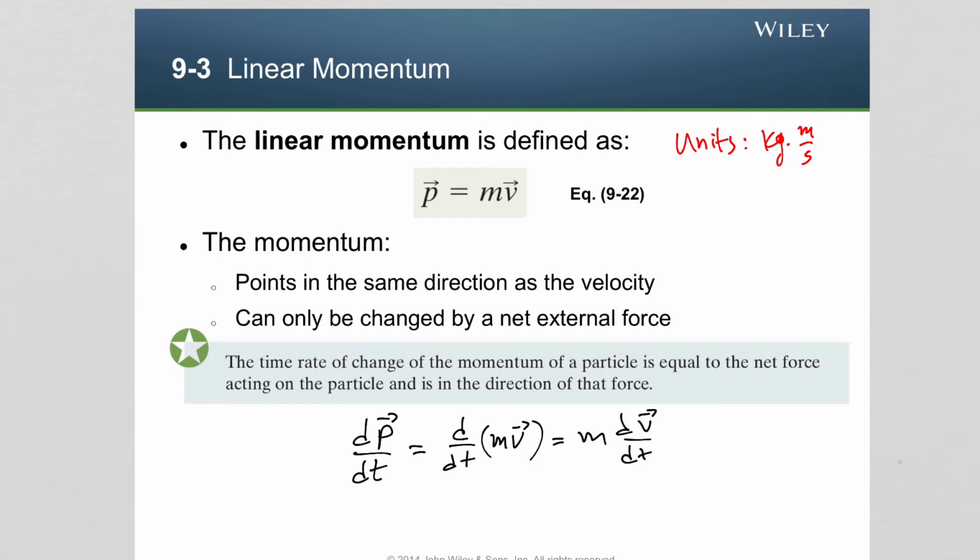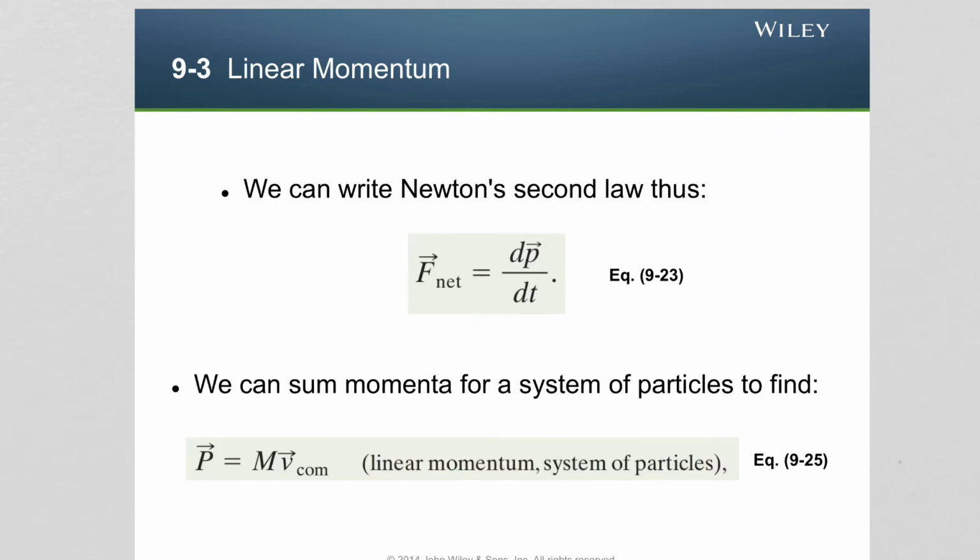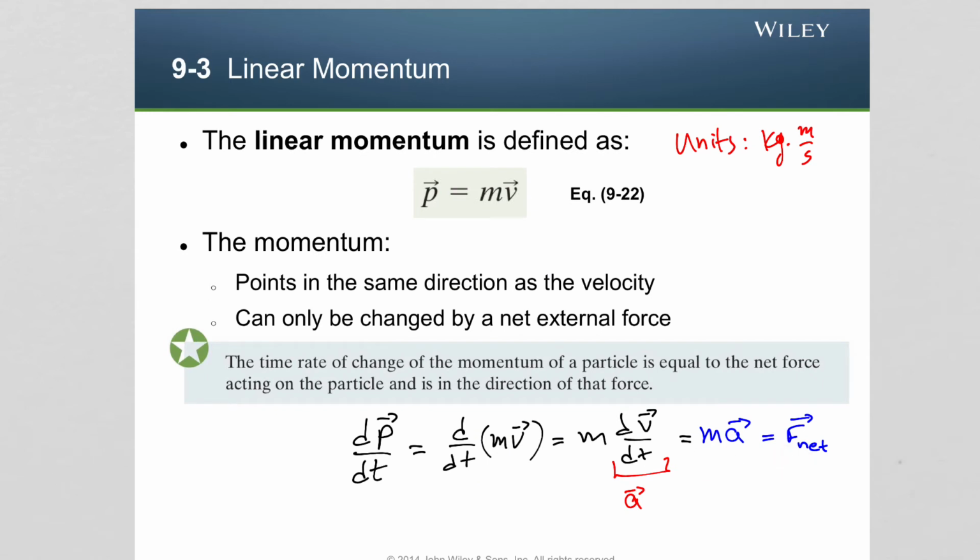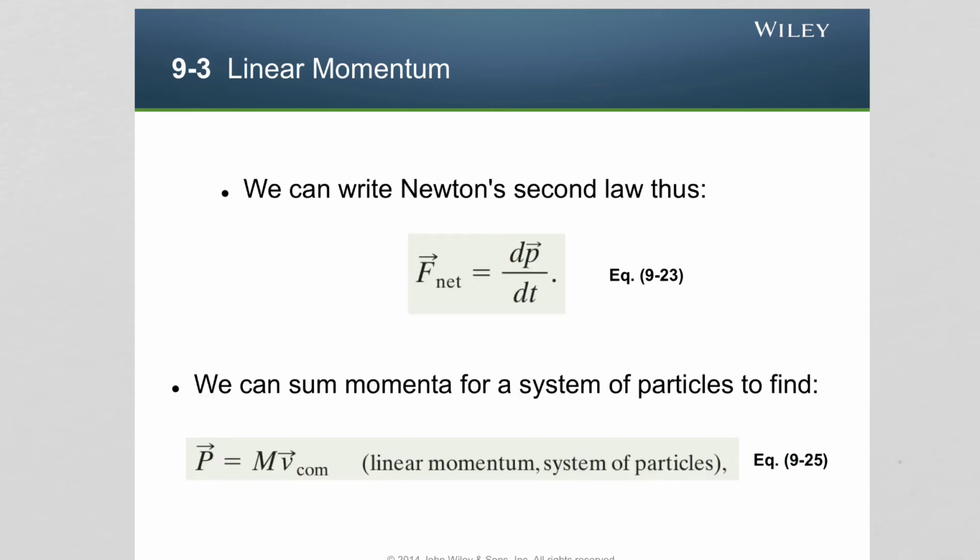But we know that dv/dt is simply the acceleration, and so this becomes m times a, which is nothing but the net force acting on the object. And so we can write Newton's second law, F equals ma, in terms of the time rate of change of the momentum: the net force acting on an object is equal to dp/dt.